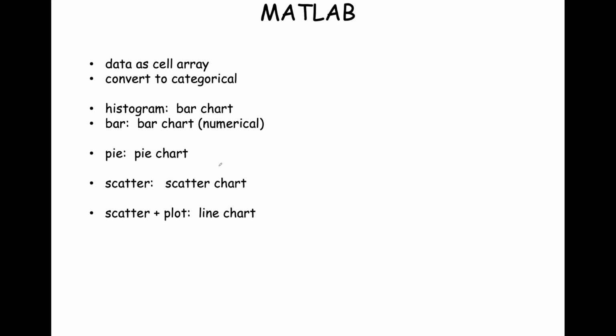It gives you a bar chart. You can use the API called bar, which is a numerical bar chart. Pie gives you a pie chart. Scatter gives you a scatter chart. And then you can do a scatter and a plot along with that scatter. It gives you a line chart, and it connects the lines for you between these scatter points. And so I'll leave that to you to look up in the MATLAB help documentation. It's quite good.